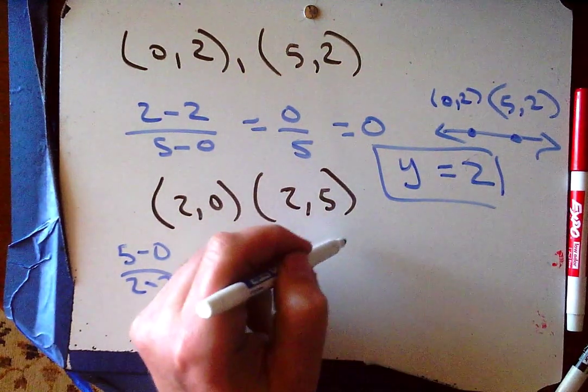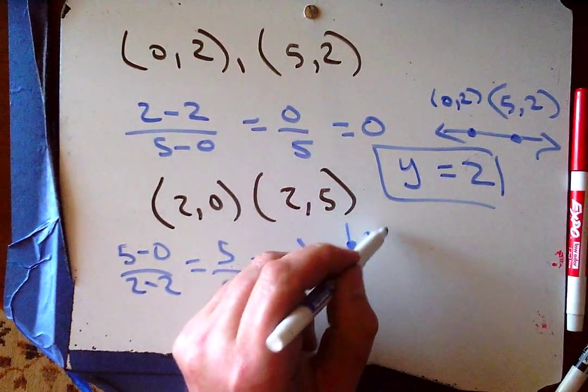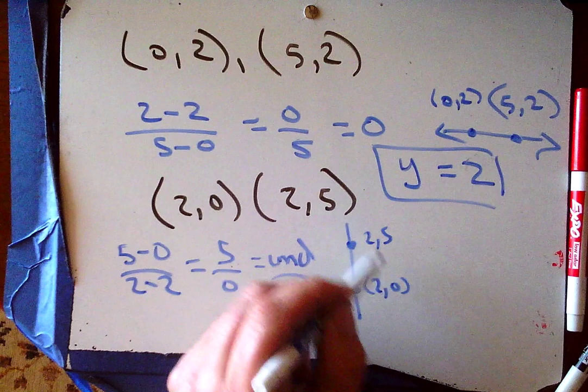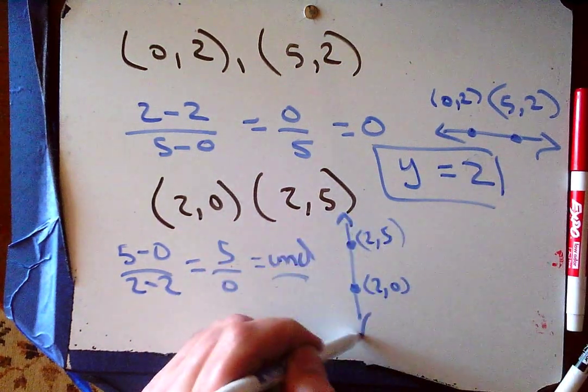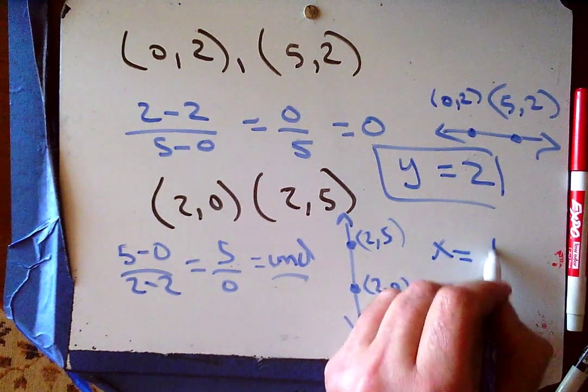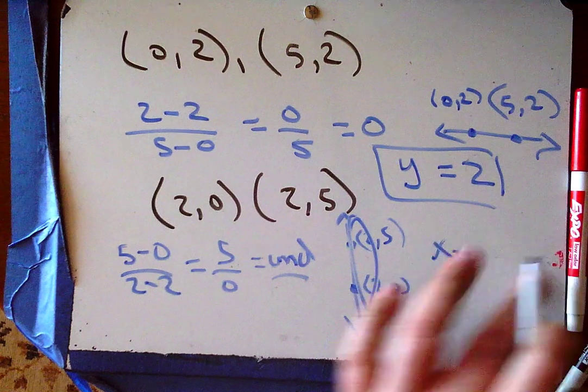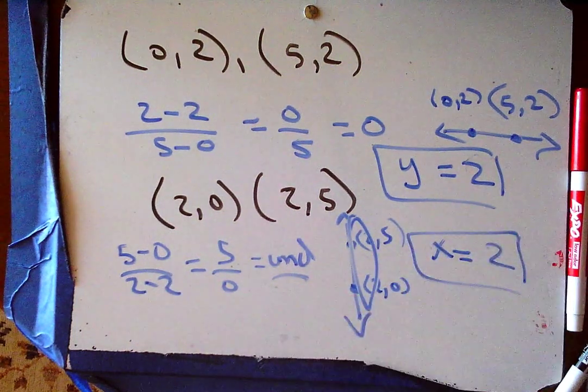Well, if I plot these points, (2, 5) and (2, 0), I have a vertical line. And we said the equation of a vertical line would be x equals some number. Which x? The x value that they both have. So this is x equals 2.